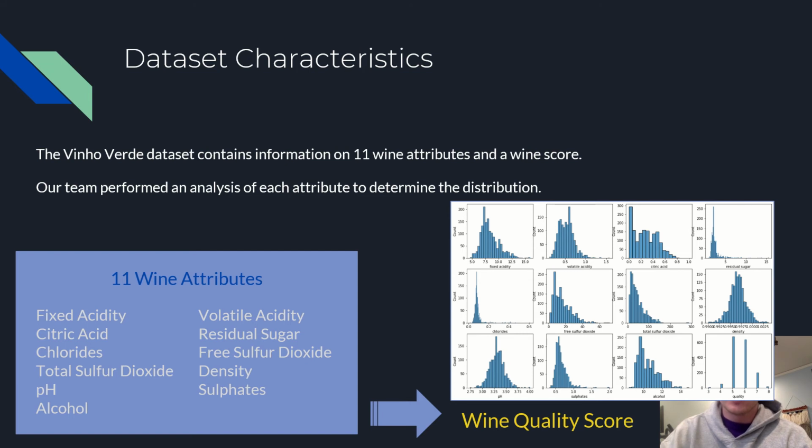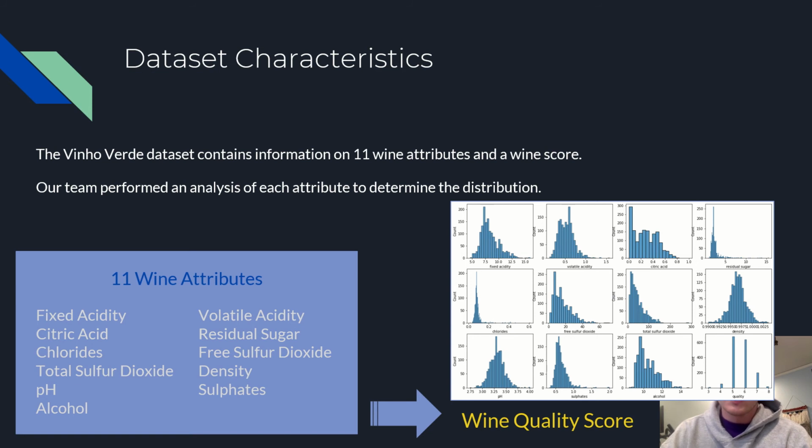To ensure that we had a good understanding of our dataset, our team performed an analysis of each of the attributes using a histogram from Seaborn. In general, most of the attributes are normally distributed or slightly left skewed. For some attributes like residual sugar and chlorides, there were some outliers with abnormally high values, but our team did not exclude or manipulate these values.